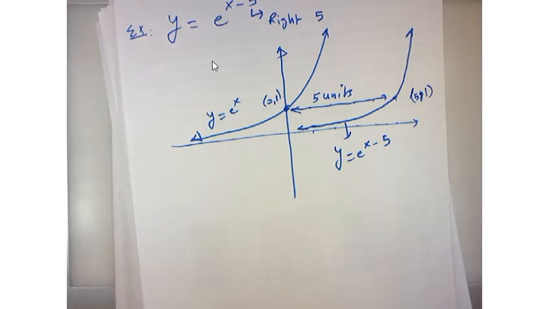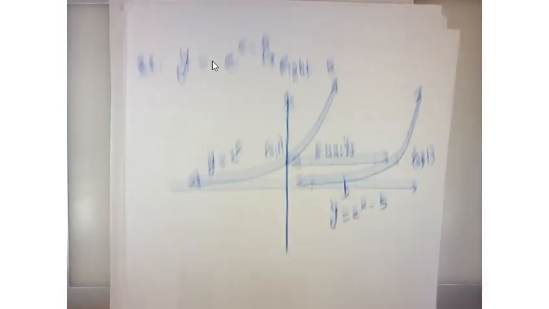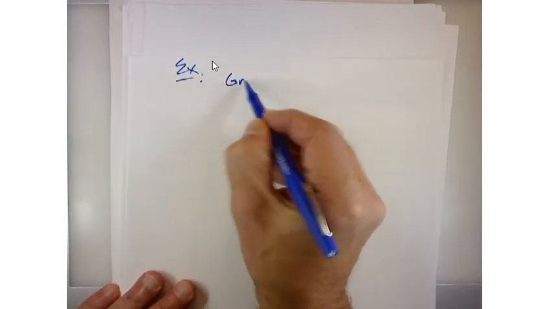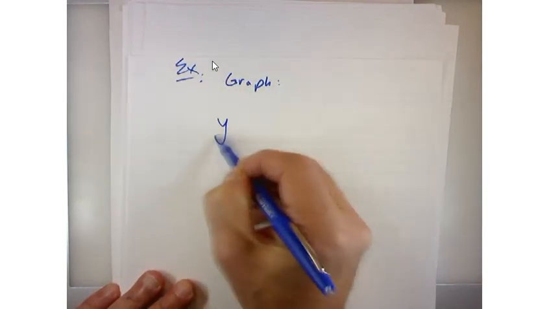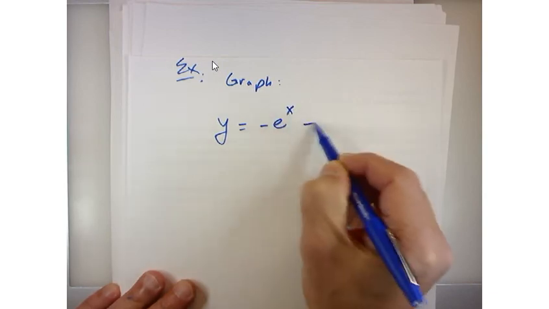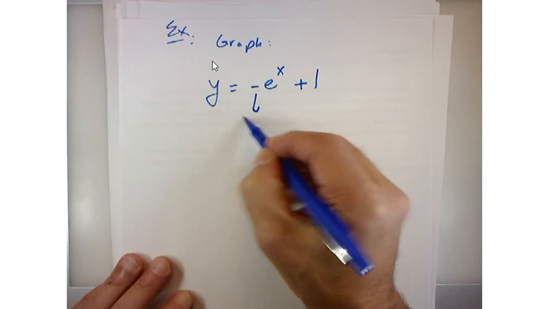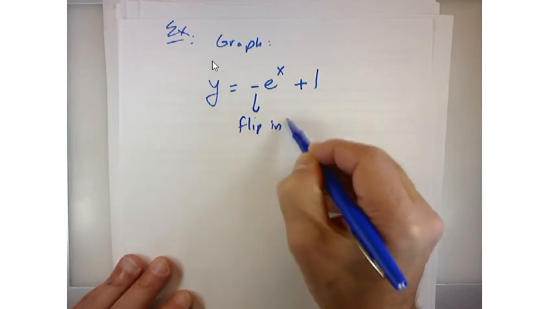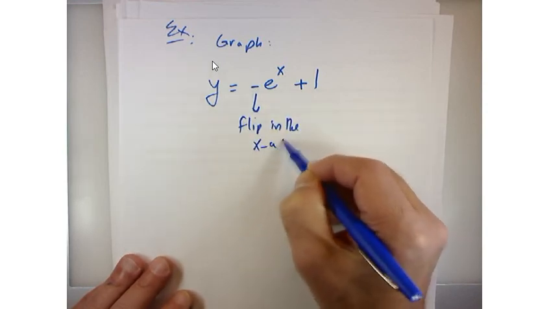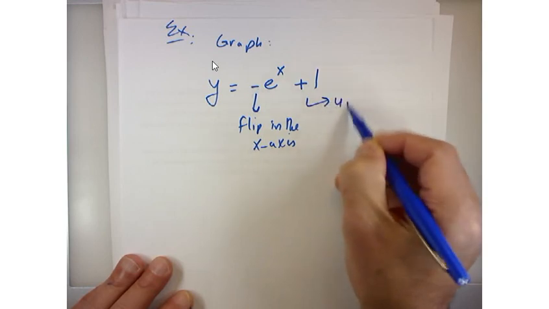And say you have another example, to graph y equals negative e to the x plus 1. So the negative in front of the function means you flip it in the x-axis. And then the plus 1 means up 1.